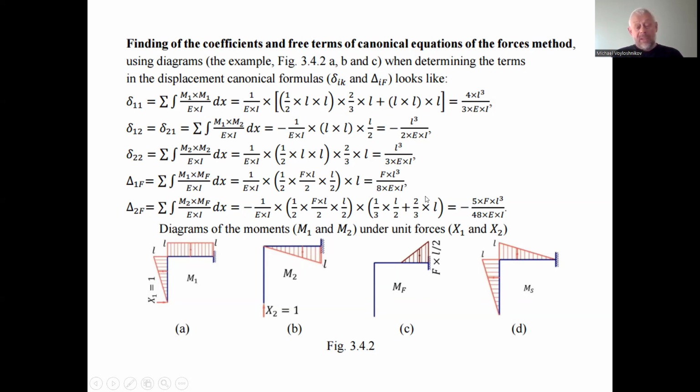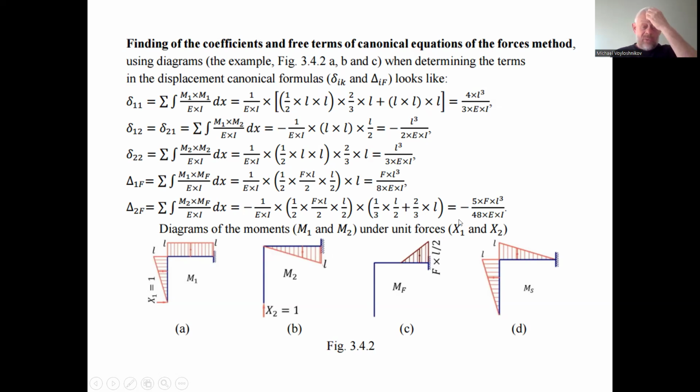Exactly, if someone is interested, this is finding the diagram of this triangle, the linear diagram of the bending moments under the influence of unit force in the second direction on the arm L. So what is its magnitude at the definite point? The point corresponds to the center of the 1/3 part of this half, the center of the area of the diagram of bending moments under the influence of the external force.